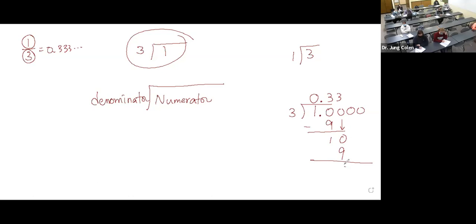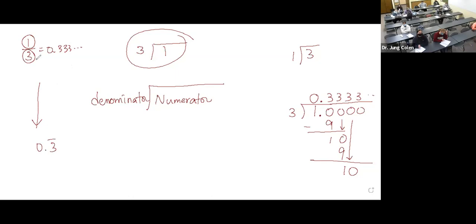So 10 minus 9 is 1 again. You can drop down another 0 there and have another 3 there. So even without going further, we get to know that it's going to be 0.33333333, right? It is not a terminating decimal.